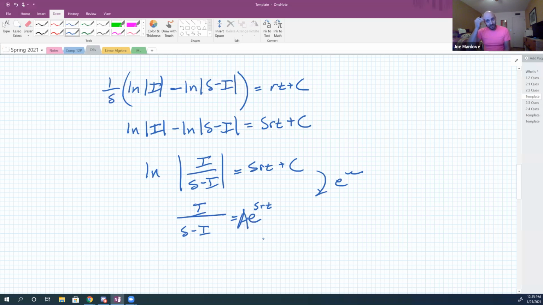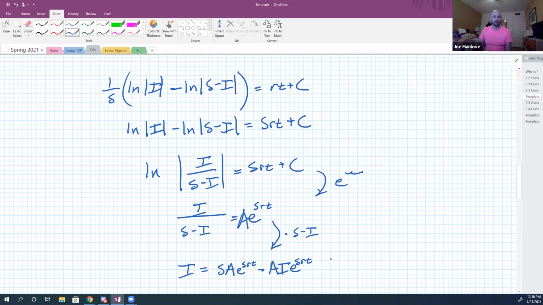Okay, then we still need to solve. So I'm going to multiply both sides by S minus I. I'm going to get I is SAE to the SRT minus AIE to the SRT.